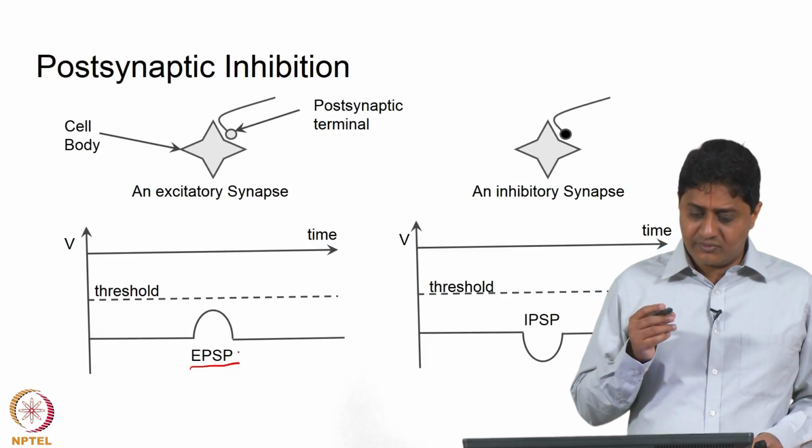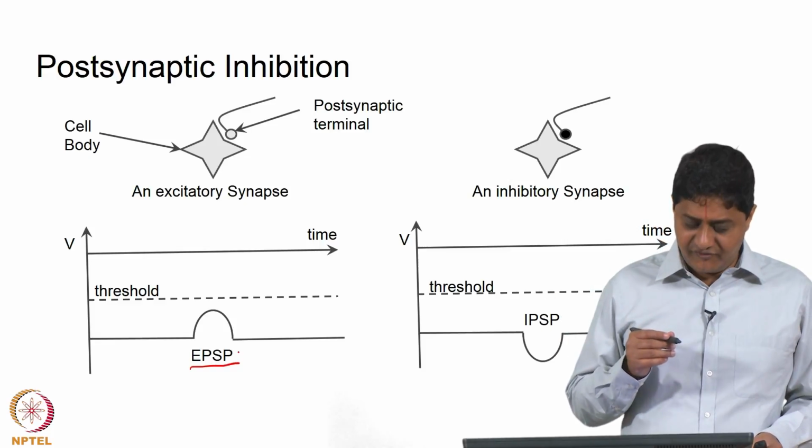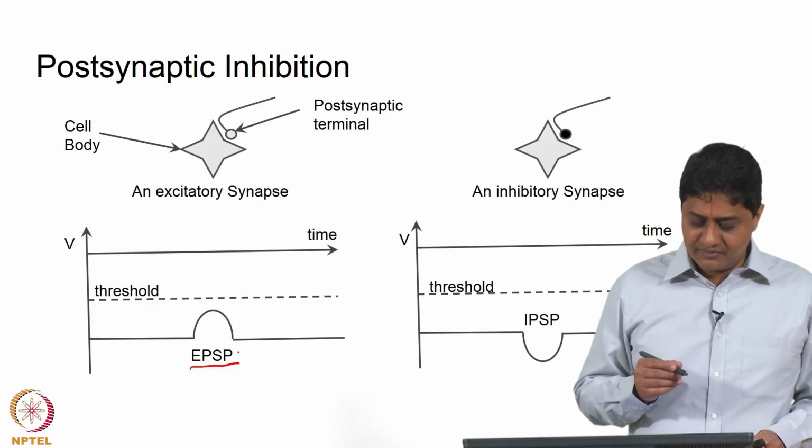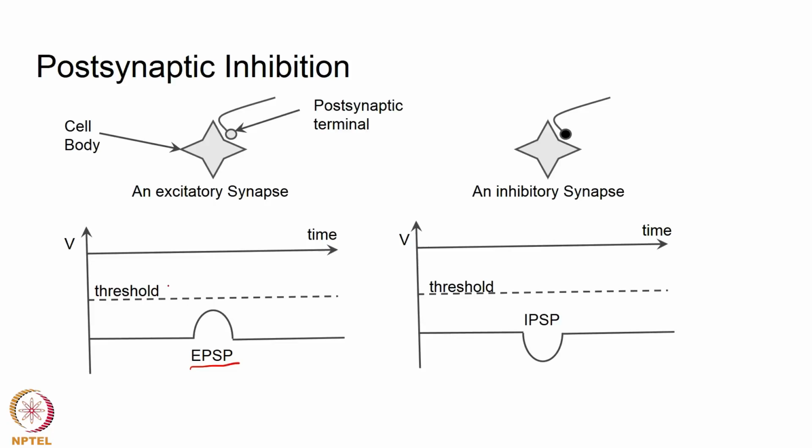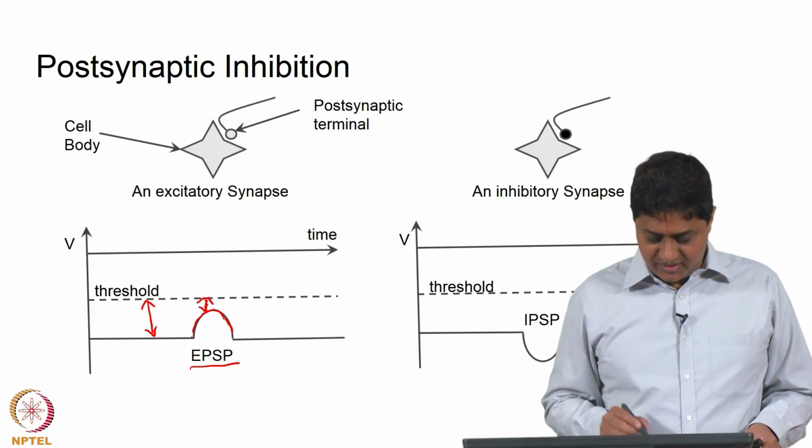So, this postsynaptic potential, when it takes the cell closer to the threshold, reduces the difference between the threshold and the membrane potential, which earlier was so much.